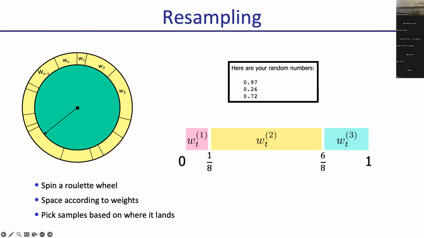You can take your normalized weights and run a random number generator to resample. All you need to do is see which bucket it falls into. So we had 3 particles earlier, which were weighted. Now we're going to get 3 more particles, but they're unweighted. The 3 particles we'll get are 2 particles here and 1 particle there. Does that make sense?